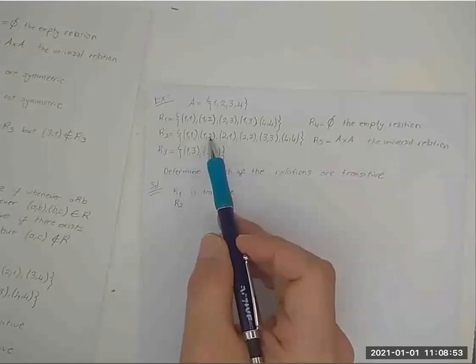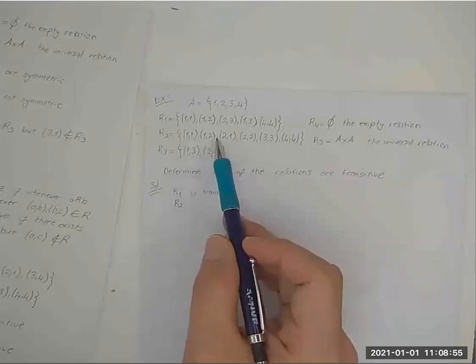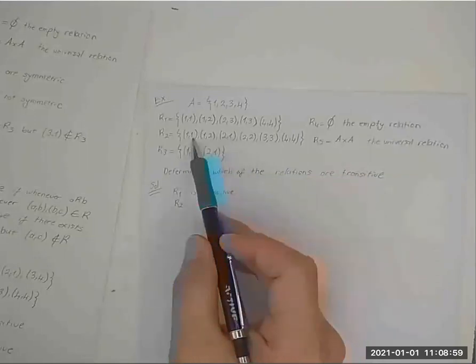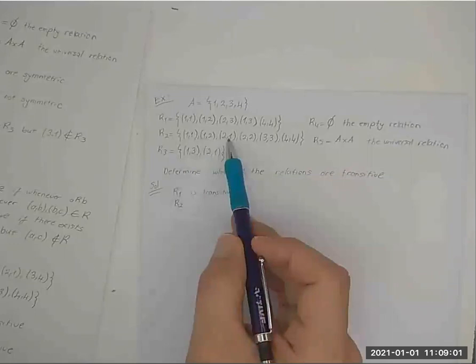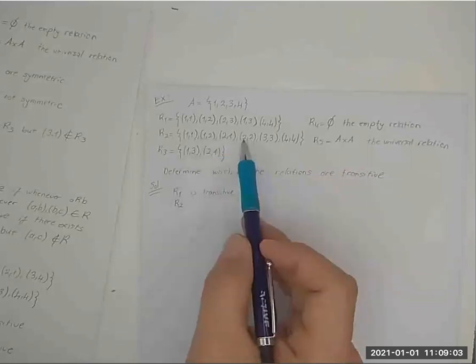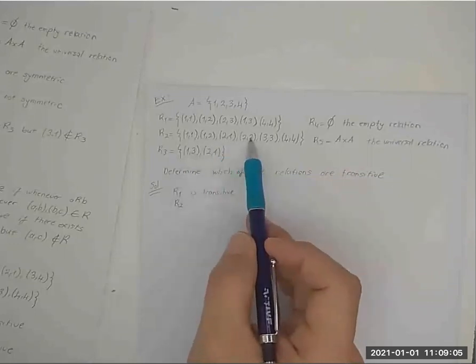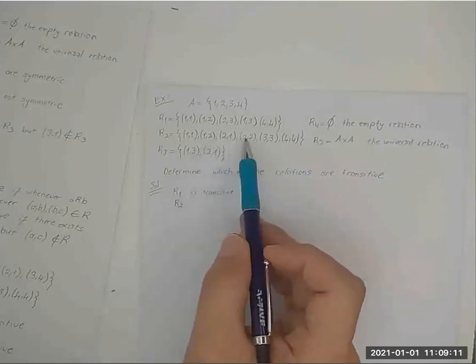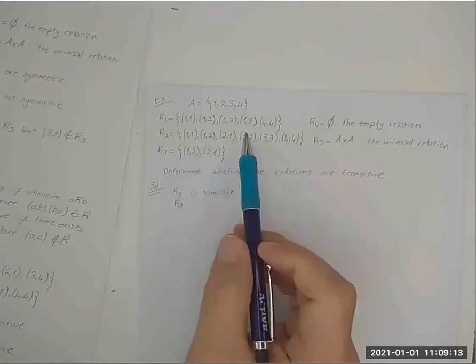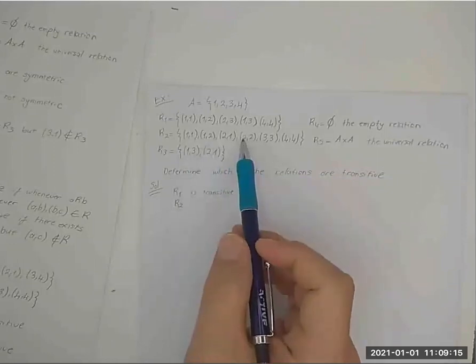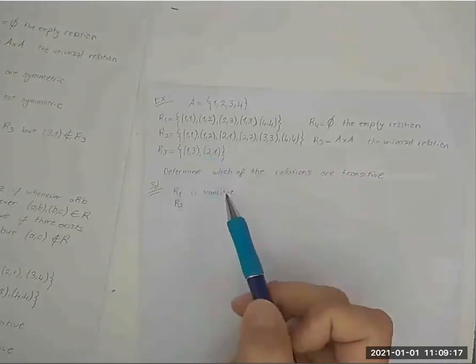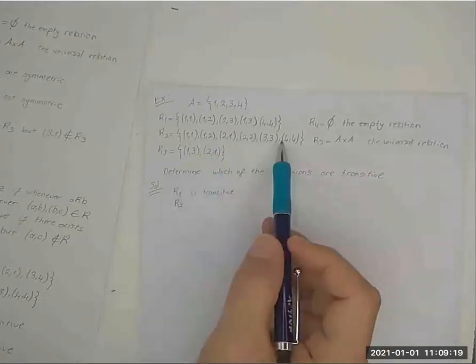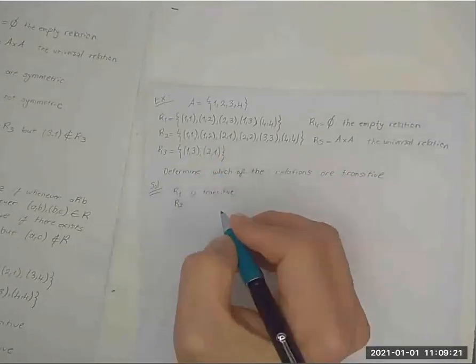Now we are looking at whether R2 is transitive or not. We have (1,1) as a reflexive pair, so we won't check that one. (1,2): I have (1,2), I'm looking for a pair starting with 2, I have (2,1), and I have (1,1) also. So this is working. And is there any more (2,2), right?